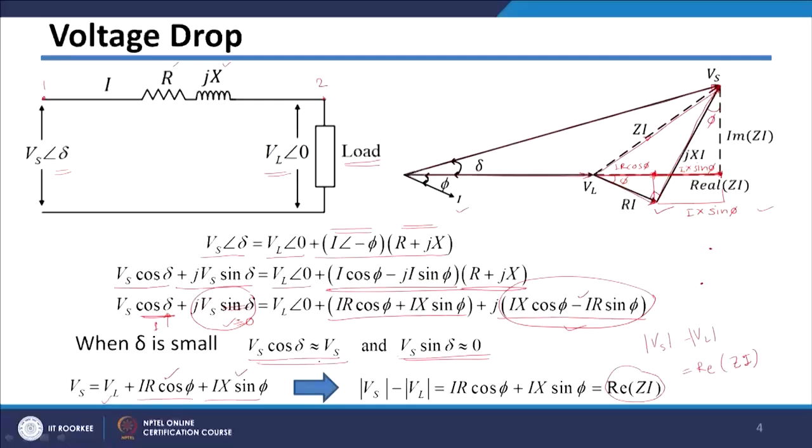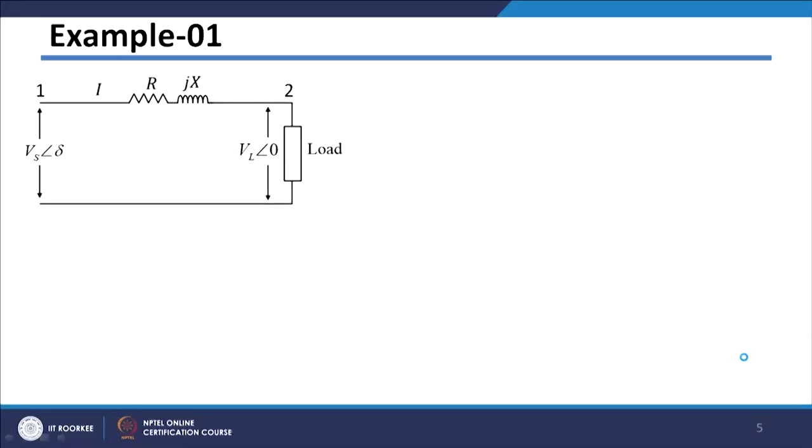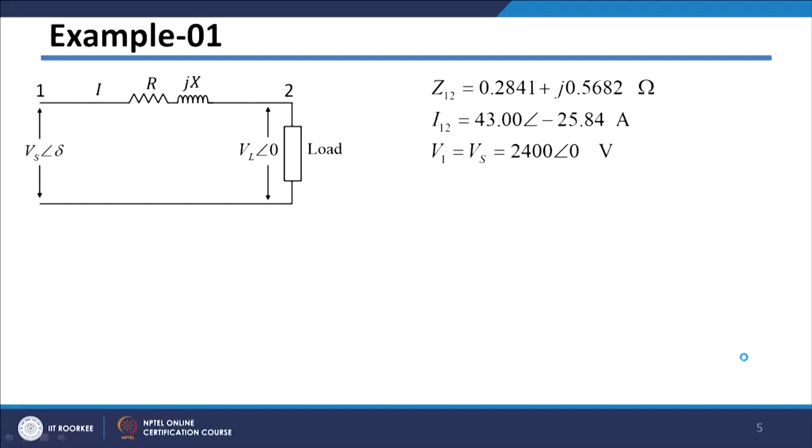Now, let us check how correct this approximation is. In that case, we can just assume some values for different components of this distribution system. Let us say Z12 is the impedance of the feeder, which is given by this value.